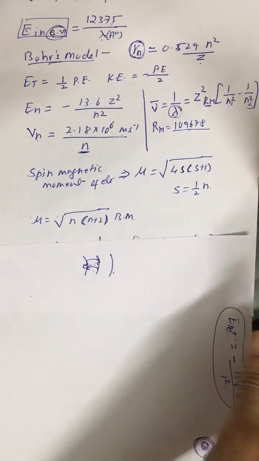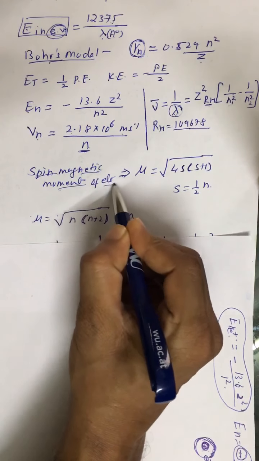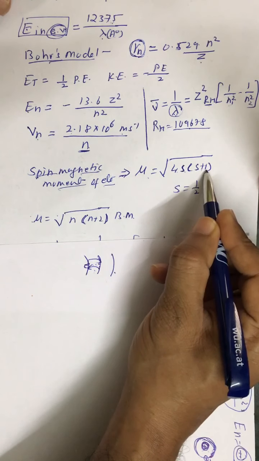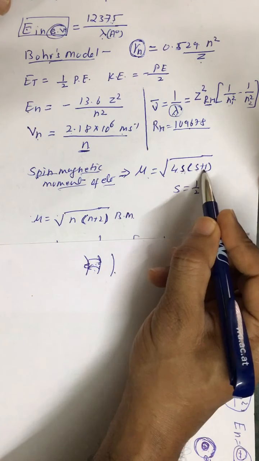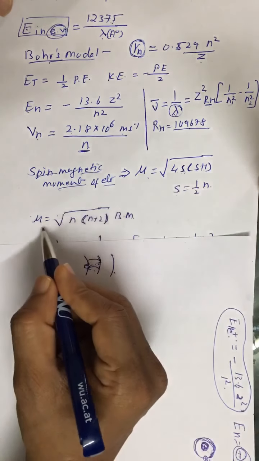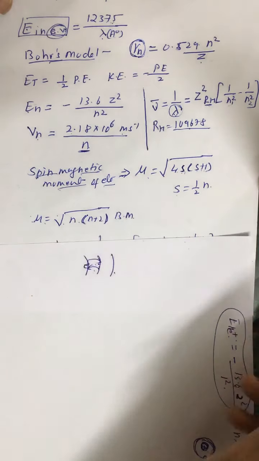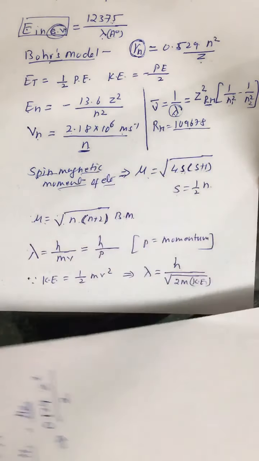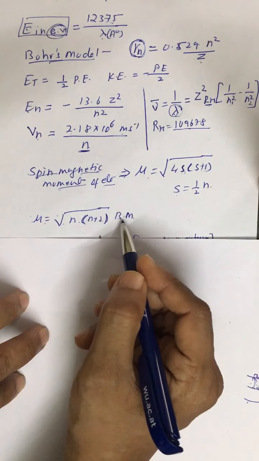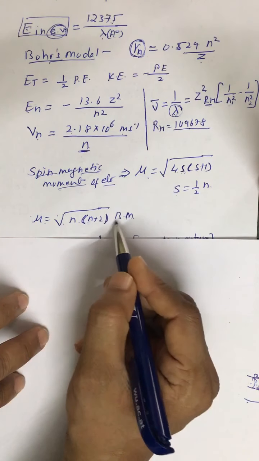Then spin magnetic moment of an electron is given by root 4s(s+1), and the value of s is half of n. And from this we get this relation, that is root n(n+2) BM. BM is Bohr magneton. So if you want to calculate the magnetic moment of a species, you can calculate using this relation.